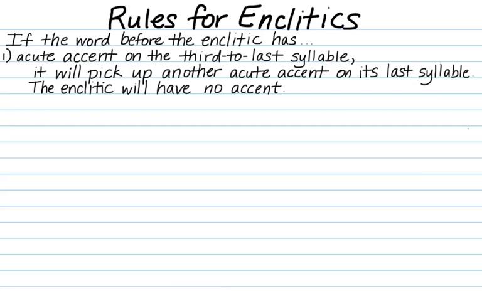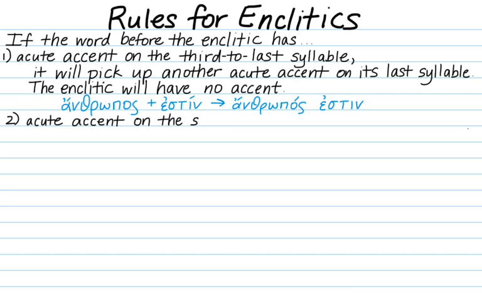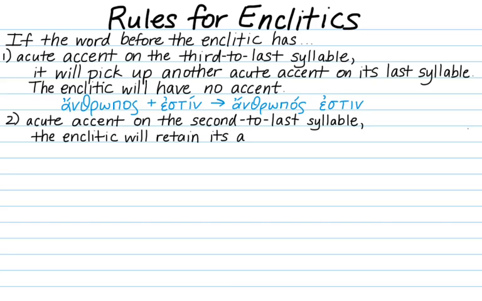You can see this in our previous example with anthropos plus estine, which becomes anthropos estine. The second rule is, if the word before the enclitic has an acute accent on the second to last syllable, that word does not change at all, and the enclitic will retain its accent, as in ponos plus estine, which remains ponos estine.